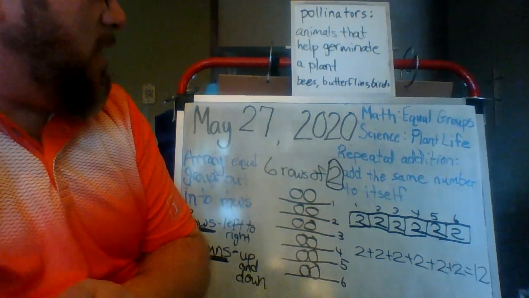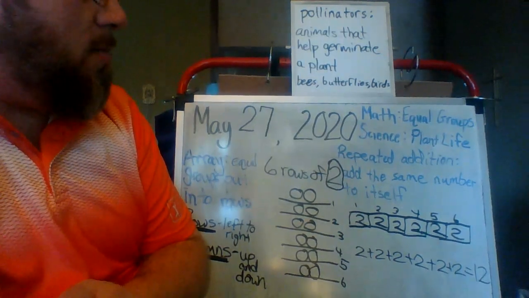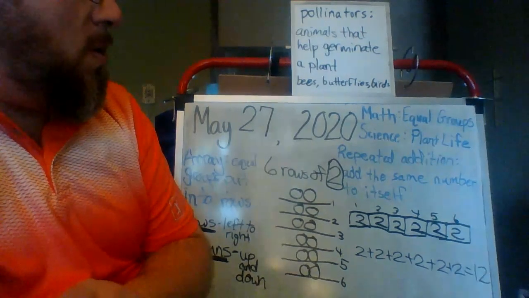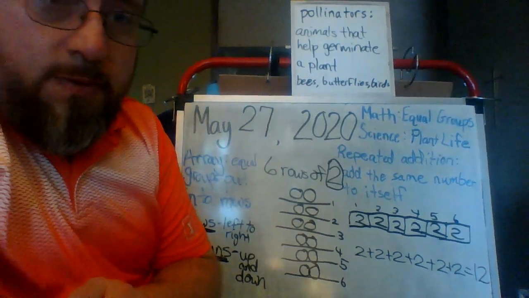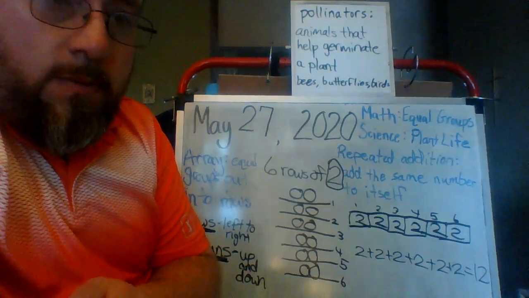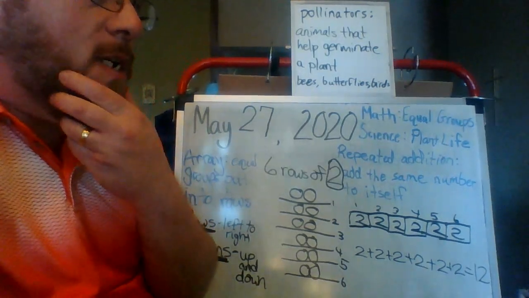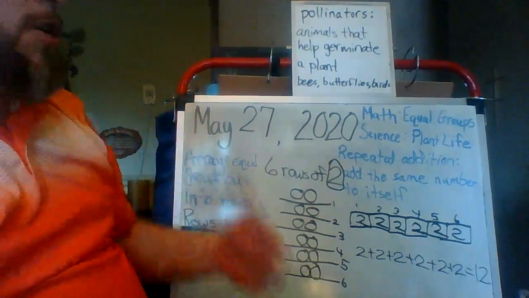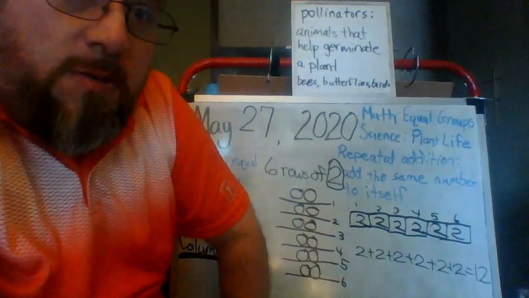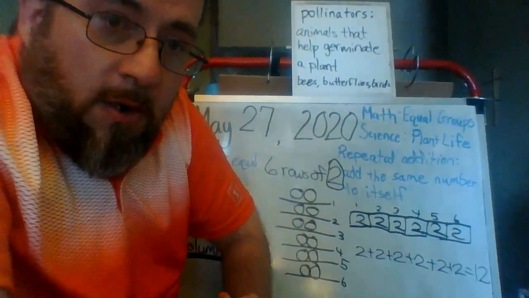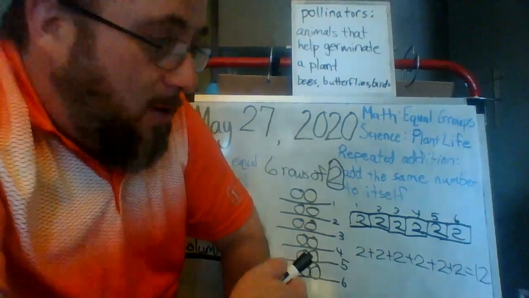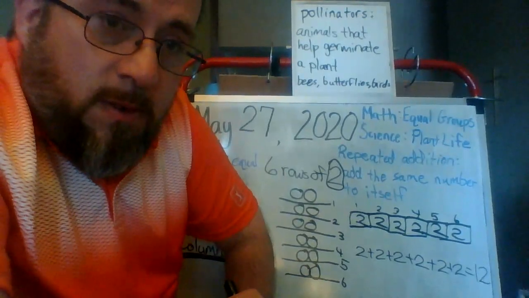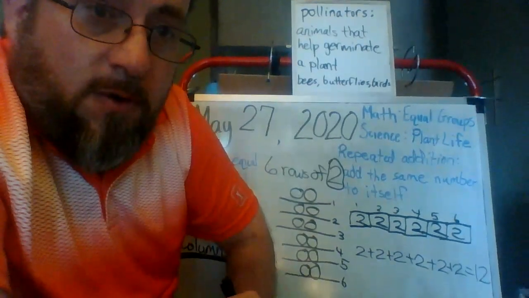Another thing your science is going to ask you to think about is how do seeds move? Because an oak tree or a maple tree is going to grow seeds. Acorns are the seeds of an oak tree.